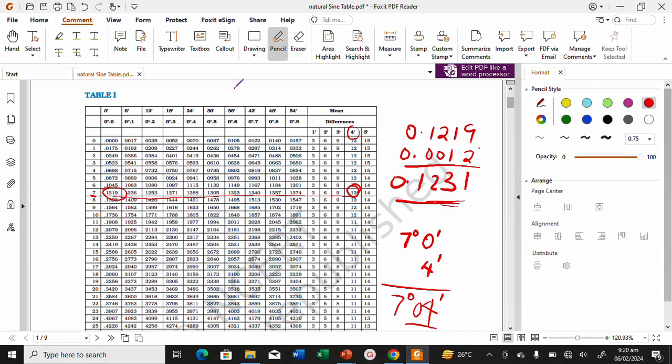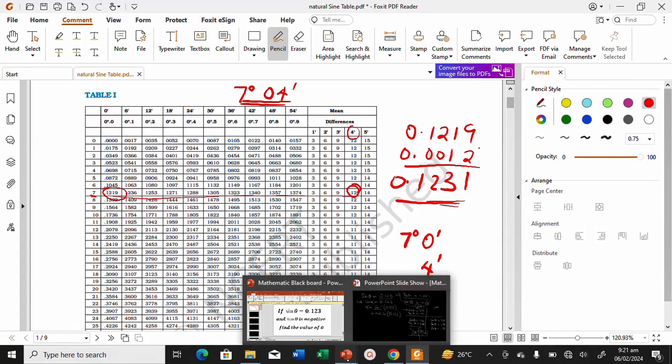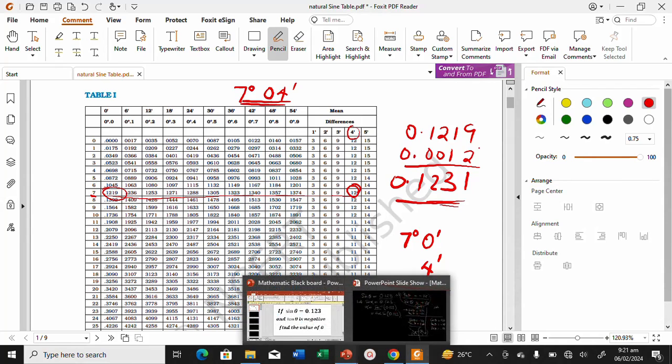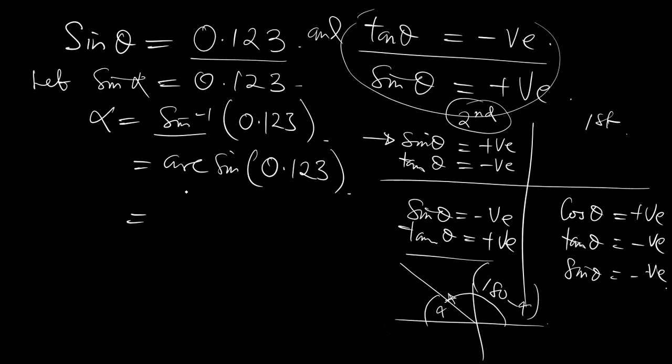So the angle now will be 7 degrees 04 minutes.